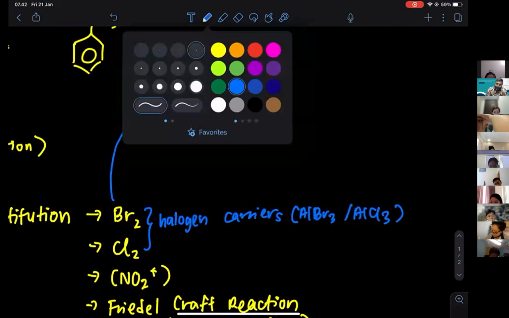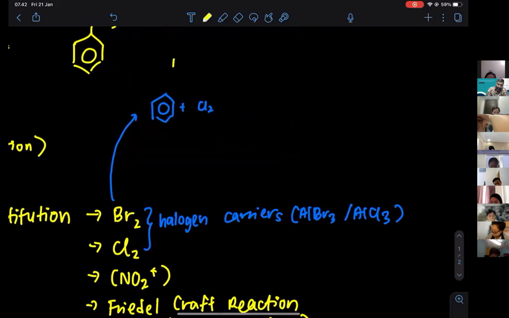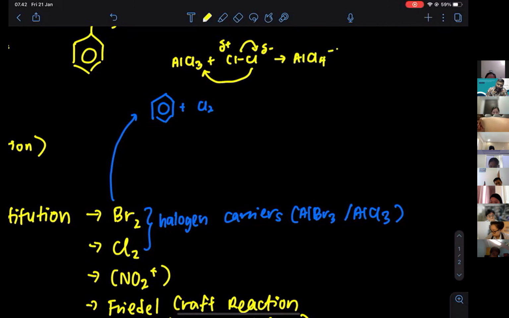First thing you should know is that if I have AlCl3 when I react with Cl and Cl, the AlCl3 is going to polarize the Cl, so they become delta negative, delta positive. This one will come over here, and you are going to get AlCl4 minus, and then you are going to get Cl plus.